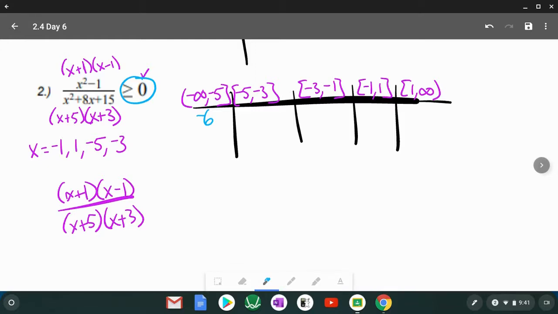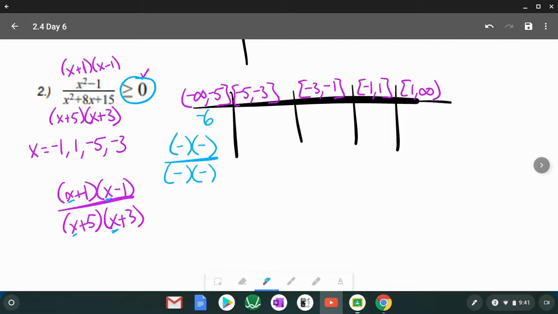So when I plug in that -6 for all of my x values, we have a negative number, -5, we have a -7, we have a -1, and we have a -3. Just by plugging them into that factored form, I have positive or negative outputs.